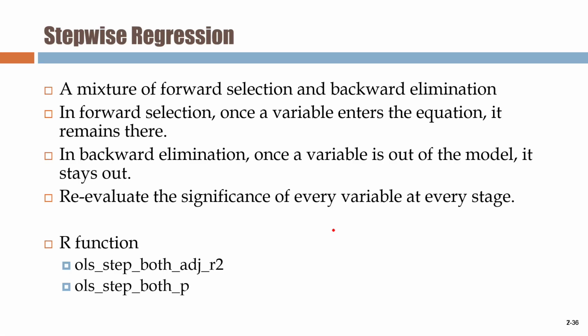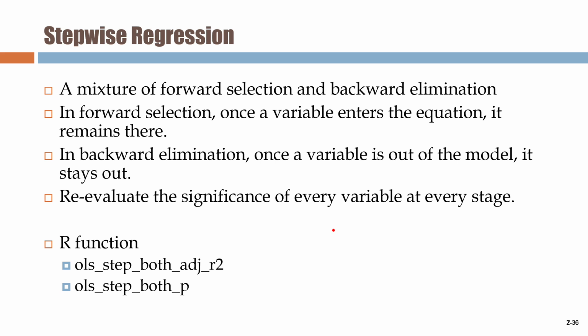Stepwise regression is a little bit different from forward selection and backward elimination. It starts from the same empty model, but when you add a new variable, we re-evaluate, and then we do like a backward elimination, trying to find which one we should drop. If we find something to drop, we drop it, and then we look for the best new variable and add it.